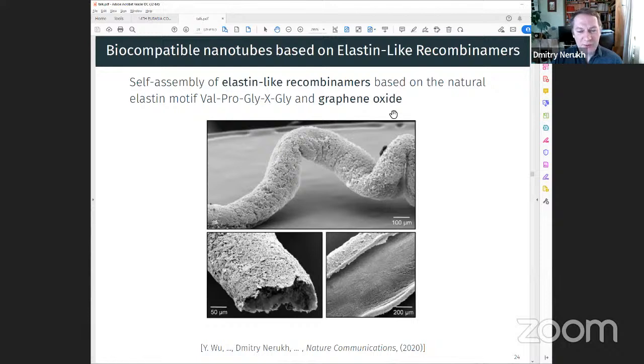We collaborate with a group in Nottingham who specialize in making these materials, and the point is that they can make very small tubes, microtubes, I would say. The big advantage is that those microtubes are biocompatible. That's in contrast to many other graphene materials, which are usually toxic for biological systems.